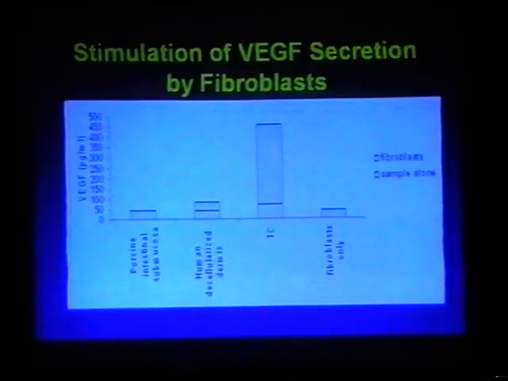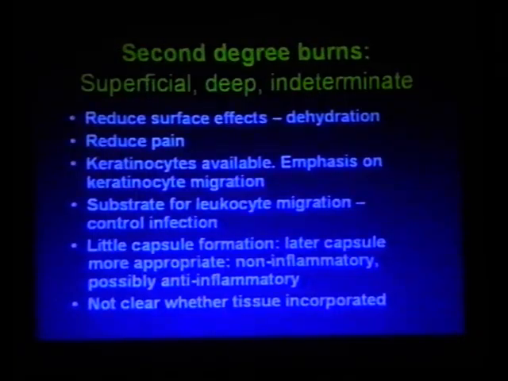So far as the properties are concerned, it doesn't contain angiogenic growth factors itself, but for reasons we haven't sorted out, it seems to be capable of stimulating production of, in this case, VEGF, by fibroblasts that are co-cultured with it. Even though it's non-viable, it can still cause the production of quite a substantial amount of VEGF from fibroblasts.